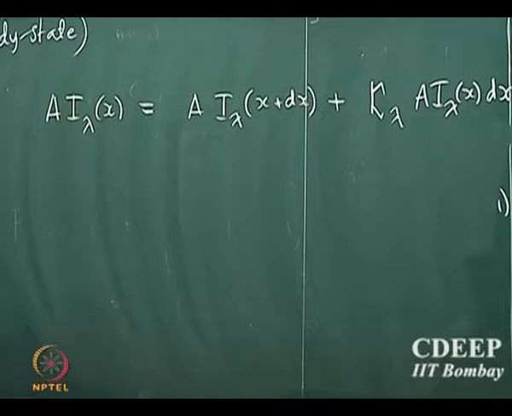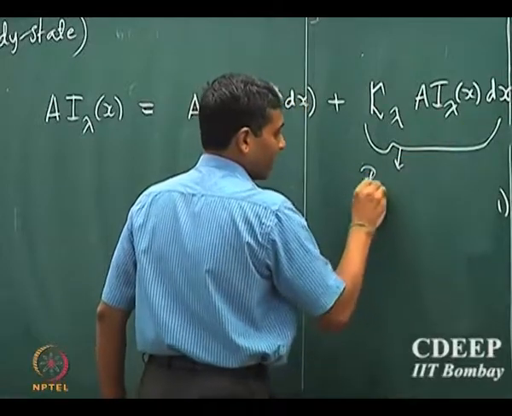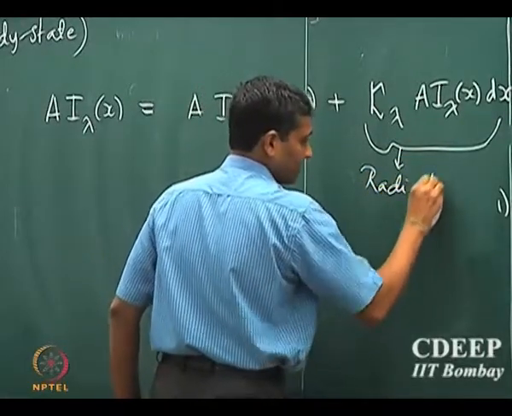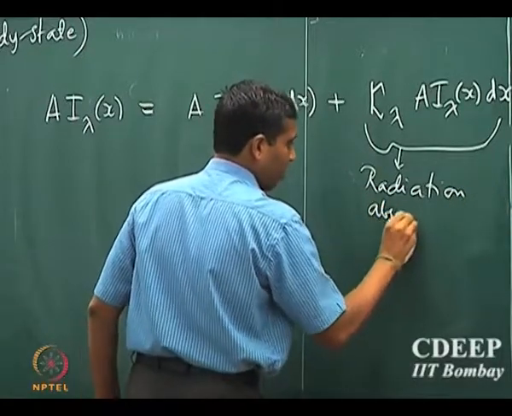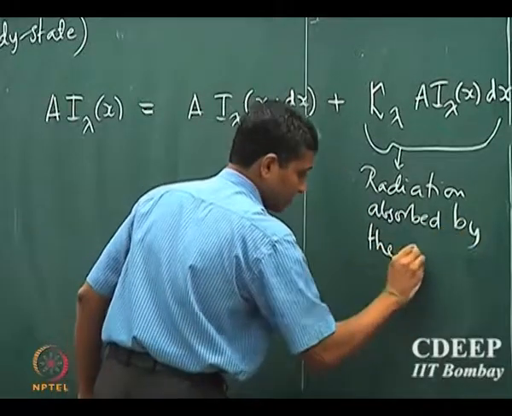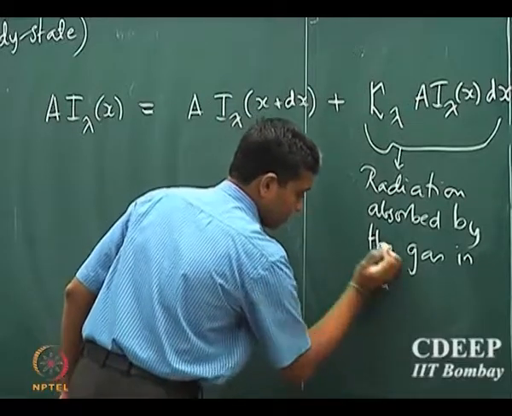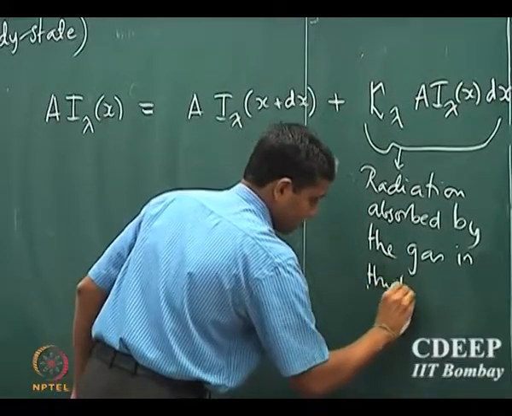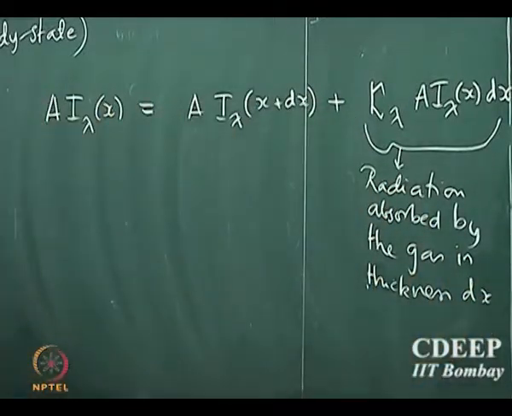That will be the total amount of radiation that is absorbed by the gas in dx.